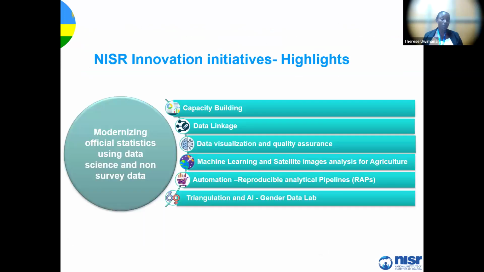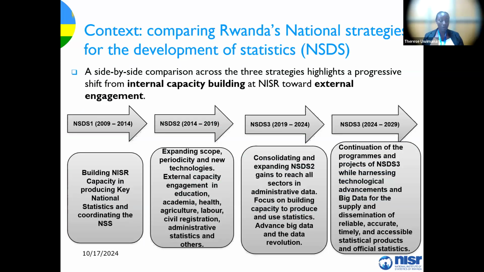So going forward in the fourth strategy, we are focusing mainly on the external engagements and regional focus. As you are aware, we are hosting the regional hub for big data in the region.